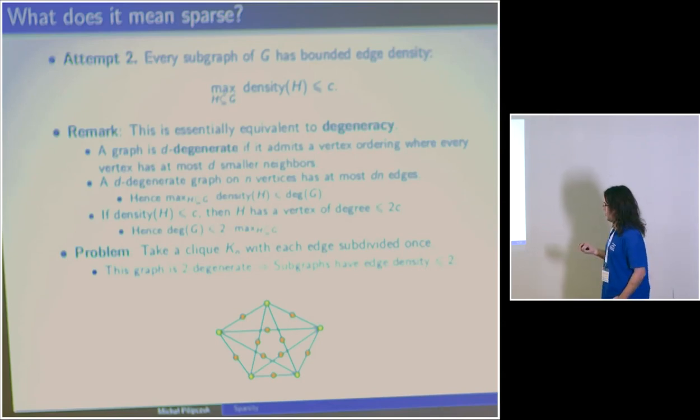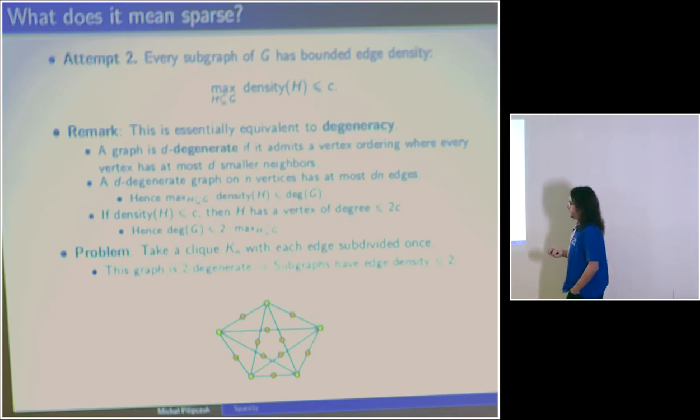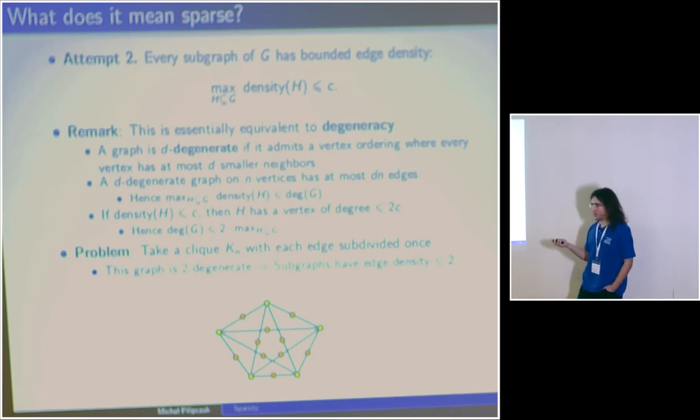Yes? You could also show that the subgraphs of this graph have edge density bounded by 2. Yes? So observe that this graph, on one hand, has bounded edge density of all the subgraphs, and on the other hand, it's a philosophical question whether it's sparse or dense. Meaning some people think it's sparse, some people think it's dense. Yes?